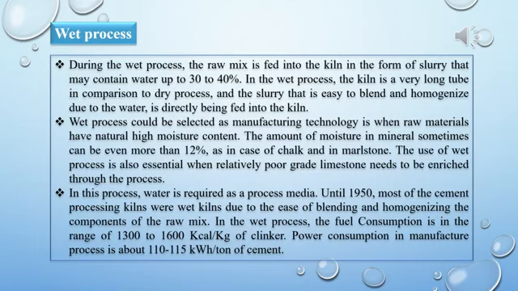In the second point, he explained that you can use the low grade limestone in this process. And at the end, he explained that till 1950, cement industries used wet kilns because the use of slurry is very easy to produce cement because blending and homogenizing is very easy.